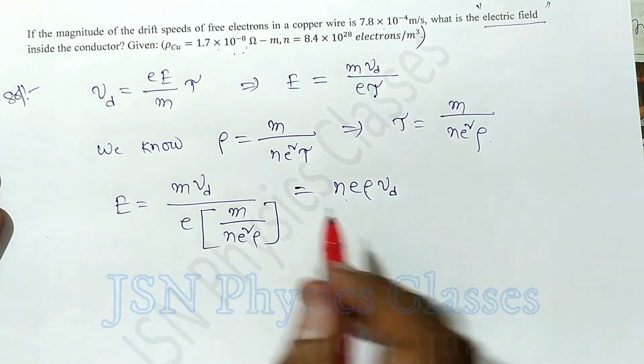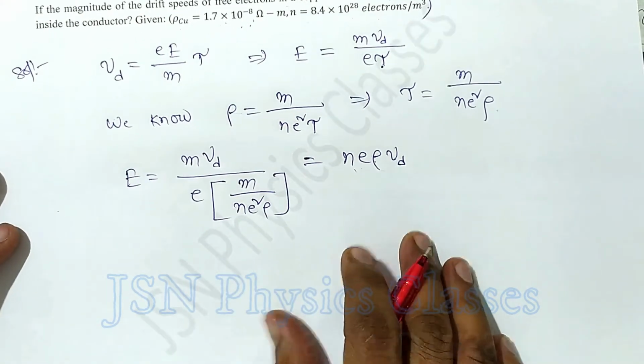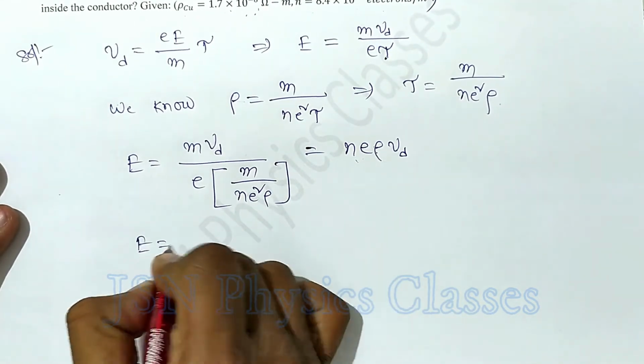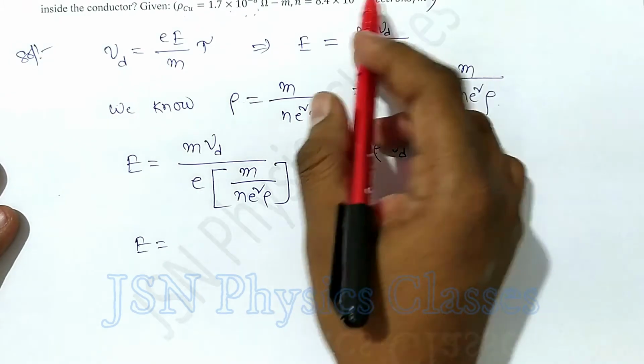So I am writing the electric field in known terms. Here the electric field E is equal to n e rho Vd.